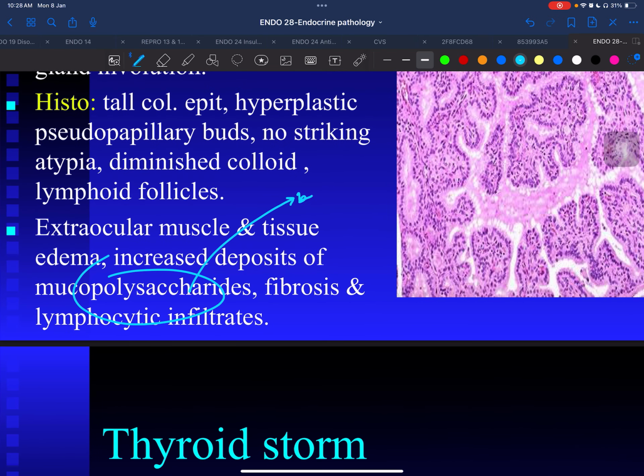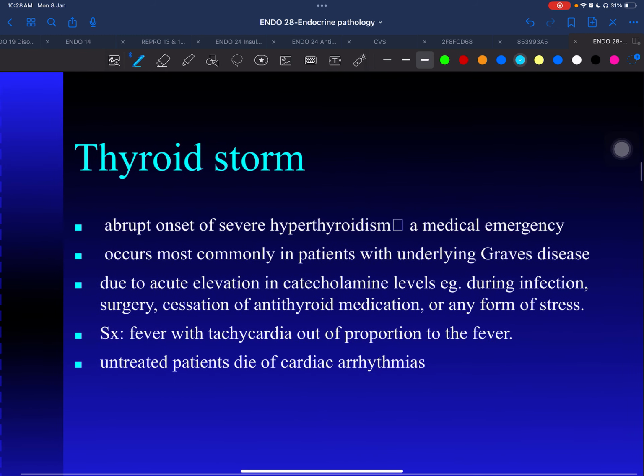Okay. Alright. So what's the danger of Graves? It's the thyroid storm. What happens during thyroid storm? The severe hyperthyroidism, and this is a medical emergency. Must be treated quickly. If not, the patient can die. So much T3 and T4 that it can cause cardiac arrhythmia.